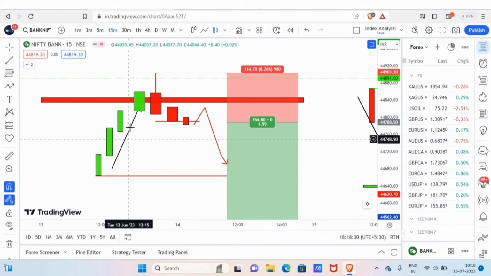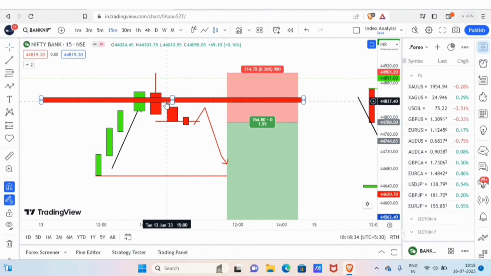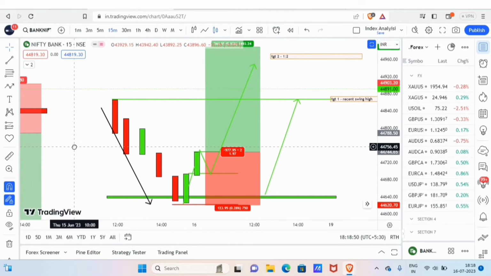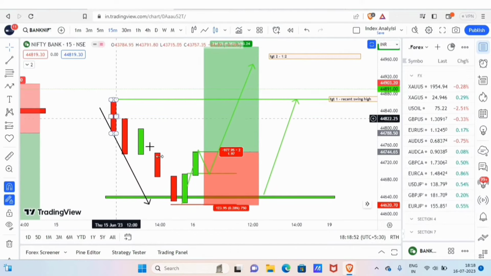So this is an example of the breakout failure for a buy and how to initiate a sell trade. A green candle closed above the supply, but by the next candle you did not get a confirmation candle for a buy. Instead, price went up, took the stop loss above the green candle, came down and closed below the green candle. For the buy, the same thing happened.